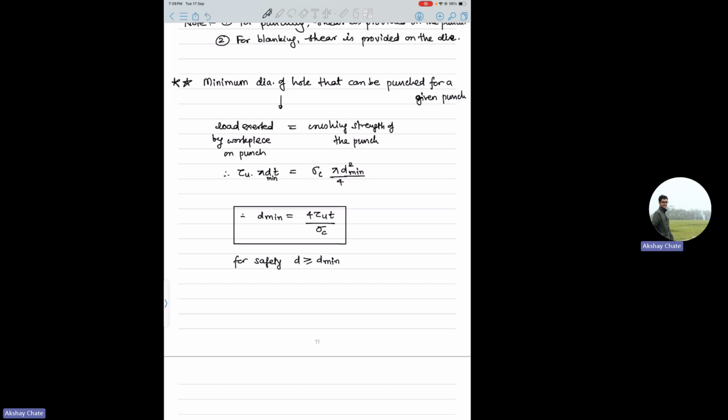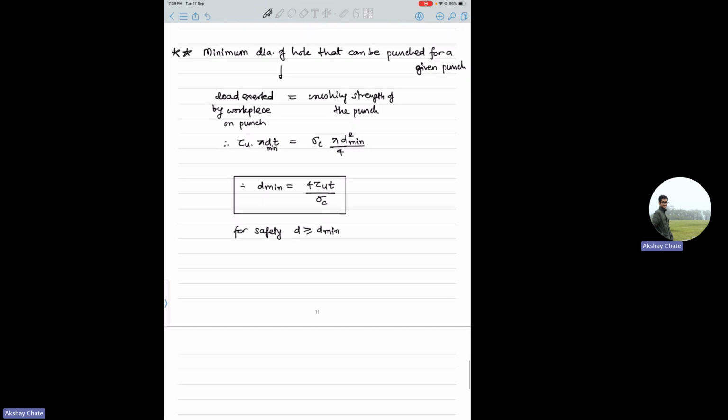And here you can see from this formula itself, d minimum increases as sigma c decreases, or vice versa, because when you have higher crushing strength for the punch, you can have smaller holes also.